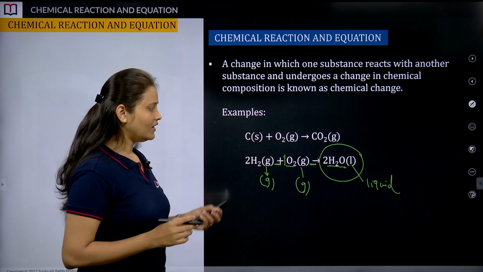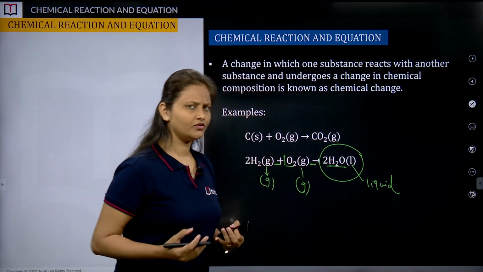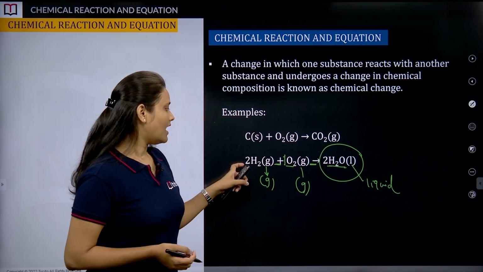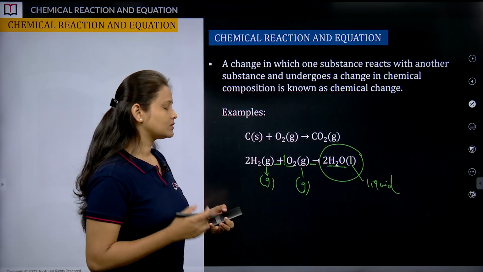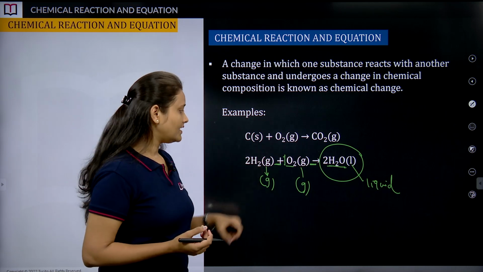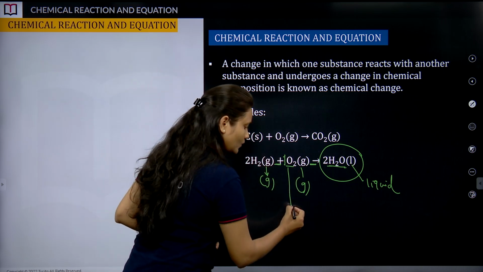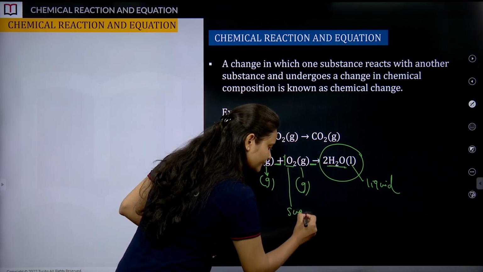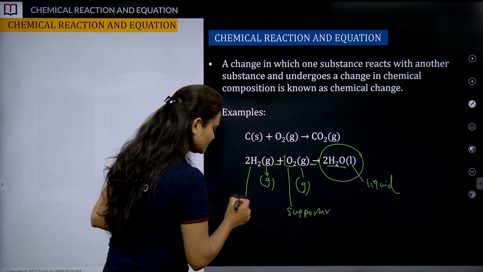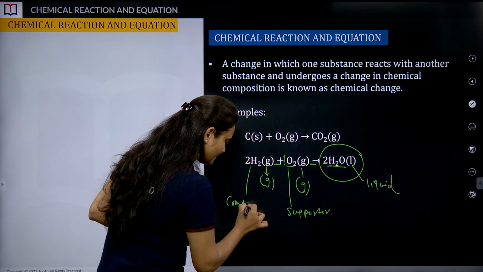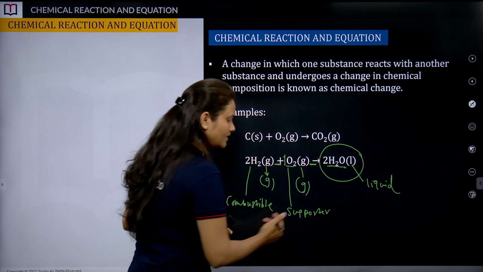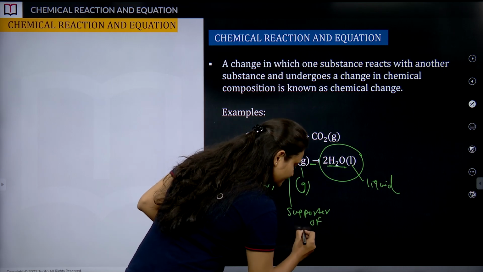Correct? Now, H2O has its own set of properties. That's why chemical changes happen. Why? Hydrogen is quite combustible, it undergoes combustion, whereas oxygen is what? Supporter of combustion. Hydrogen is combustible, oxygen is a supporter of combustion.